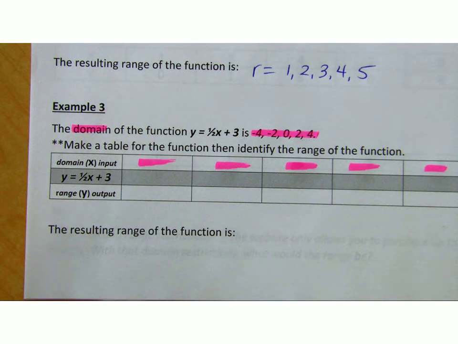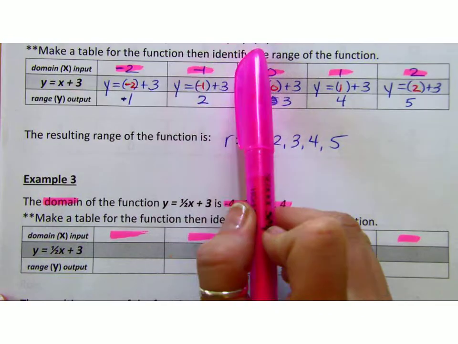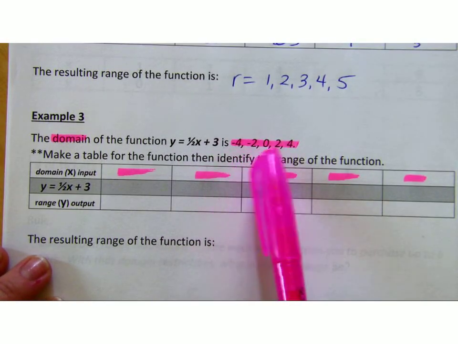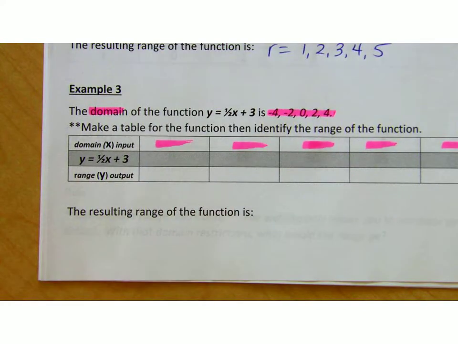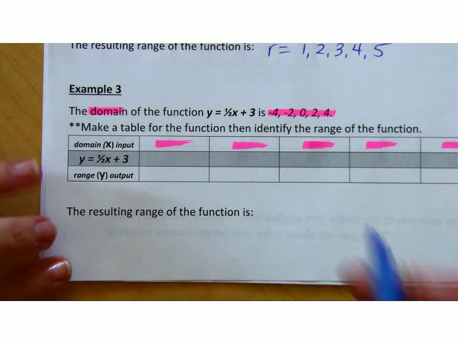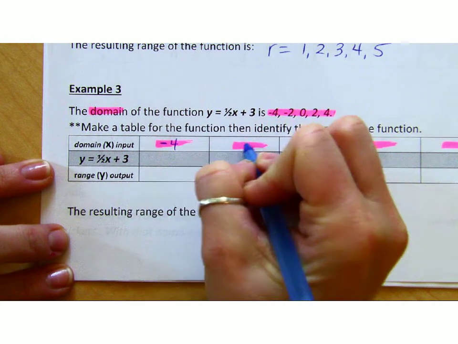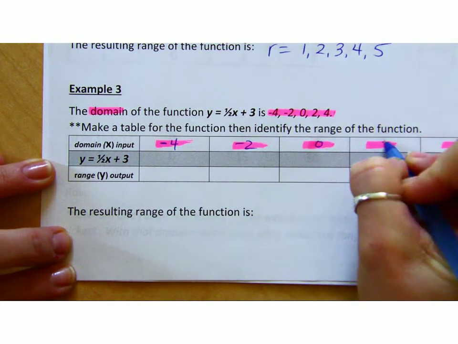What kind of numbers do you want to divide by 2? Evens or odds? Evens. So instead of -2, -1, 0, 1, 2, I chose -4, -2, 0, 2, 4. That is a really good domain because you get a couple negatives, a couple positives, and 0. It's going to give you a really good look on the graph. So I changed my domain up a little bit, and I adjusted it to what I need it for.